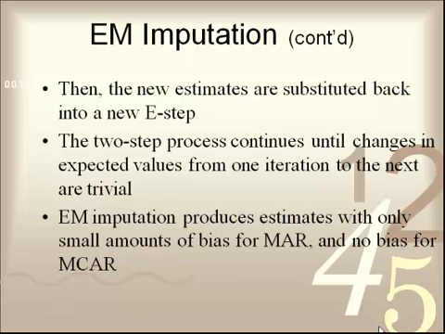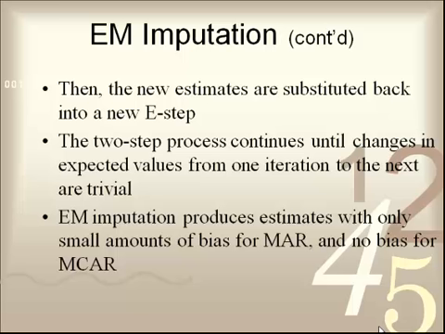This continues until the change in the expected values from one iteration to the next is negligible. Now again, this is a hard statistical formula, so in an SPSS or a STATA or a SAS program, it's literally 3 words, and it does all of these steps for you and redoes the step for you.